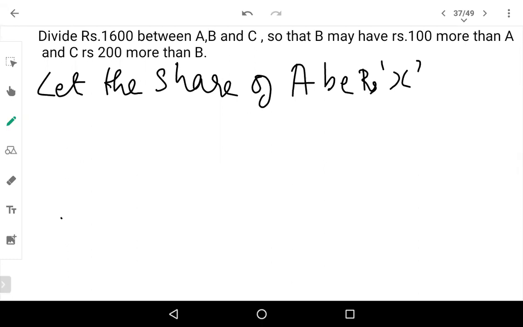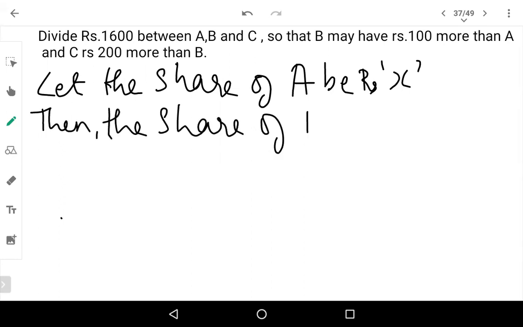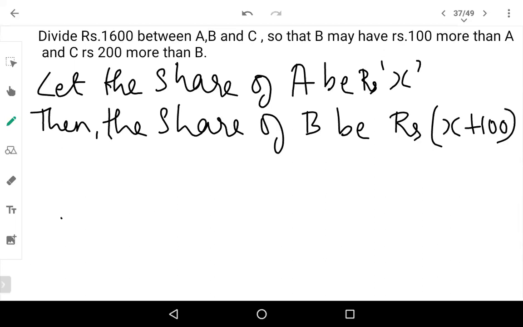So let the share of A be X. Then the share of B be rupees, we will write this in brackets so that it's easier for you to understand, X plus 100. Why X plus 100? Because B is going to get 100 rupees more than A. So rupees X plus 100.